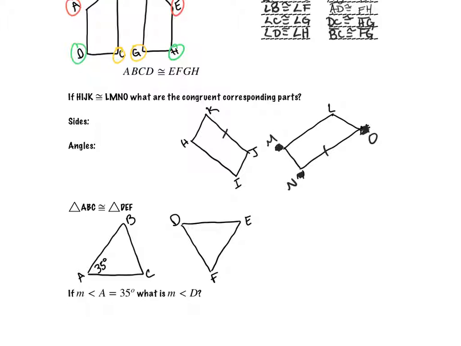Then what about HK? HK would have to be congruent to LO. HI is going to be congruent to LM. And then I know the last side.